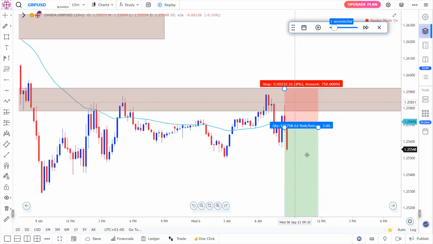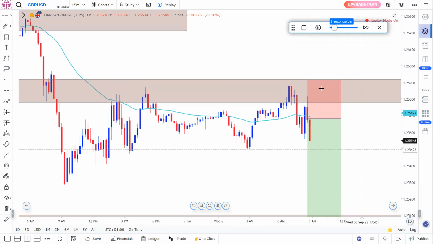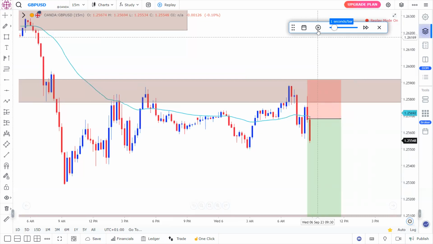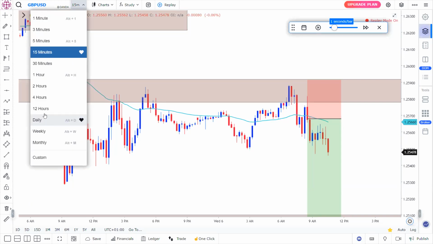And now at this point where I got in on the third sell trade, I had the first and second positions completely risk-free in very decent profit. Just to take this to the 4-hourly time frame.